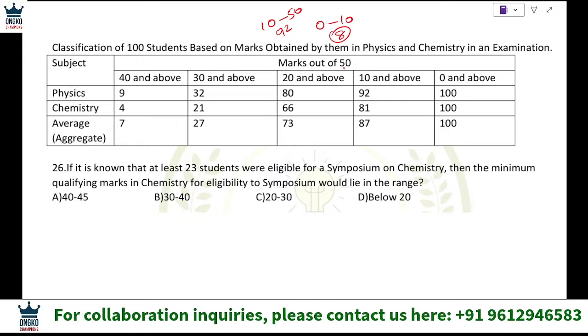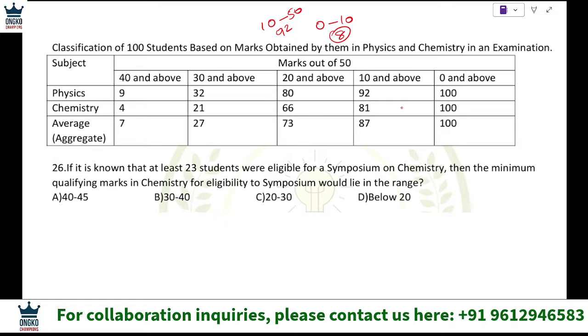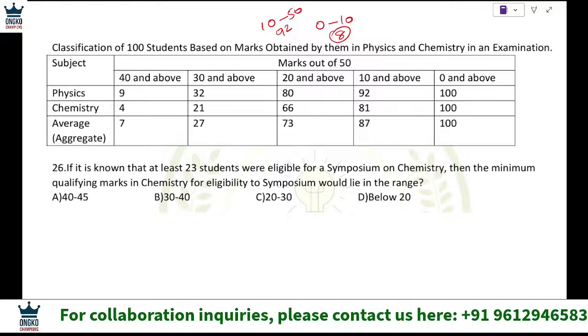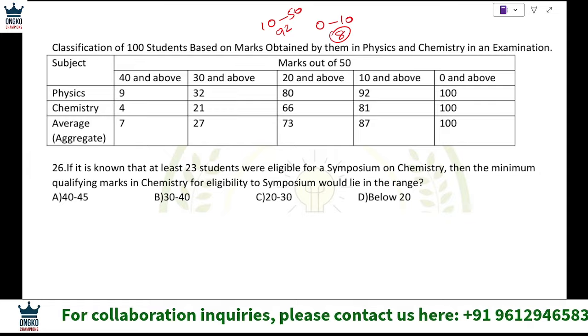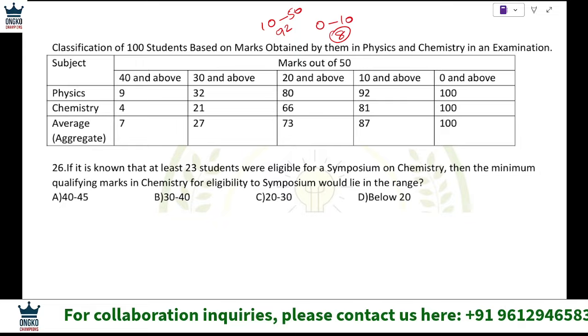There's no negative mark here. So in this exam there will be 100 students or no? 0 and above, yes, total marks is 50, but 0 to 50 is 100, so 100 it is.